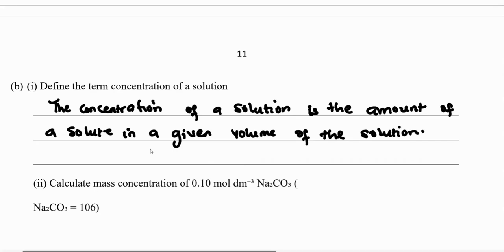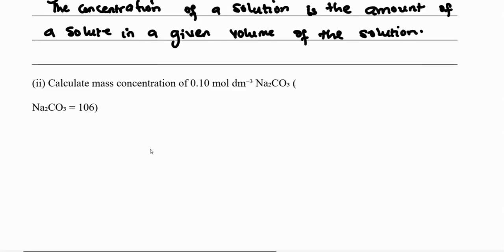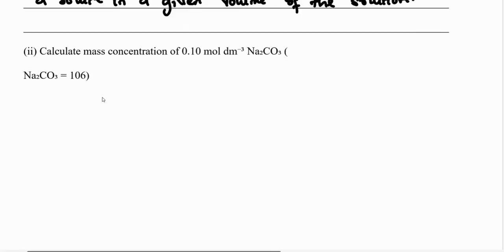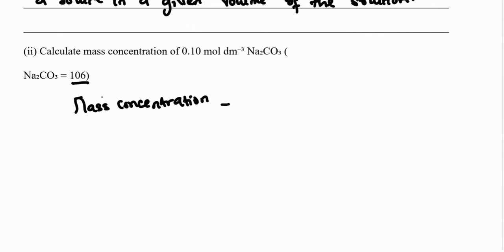Okay, so now the next question says calculate the mass concentration of 0.10 mole per dm cube of sodium trioxocarbonate. Now this is the molar mass of sodium trioxocarbonate. Now mass concentration is given as molar concentration or molarity times molar mass.